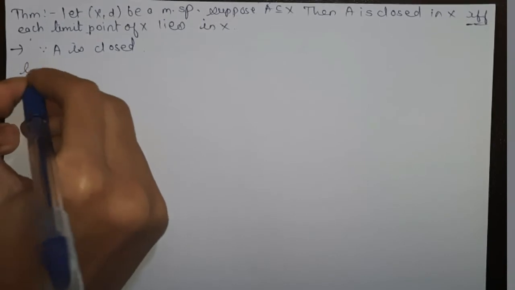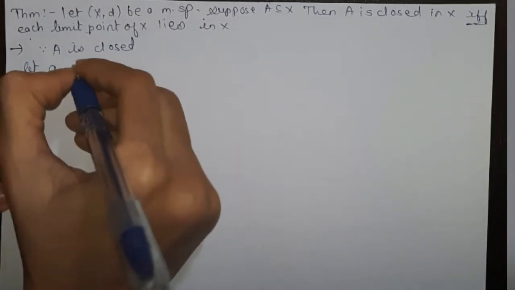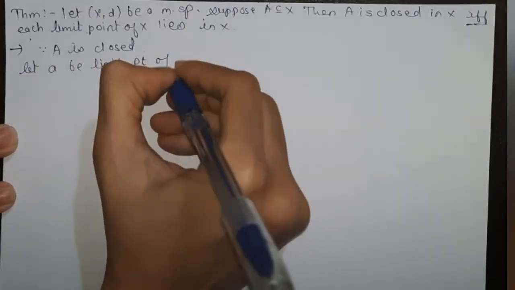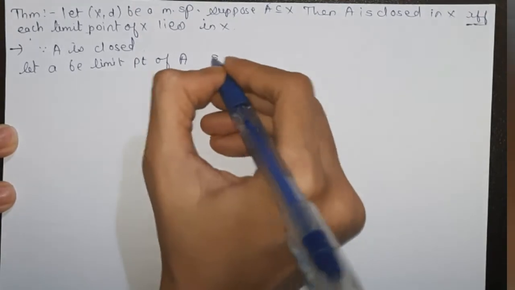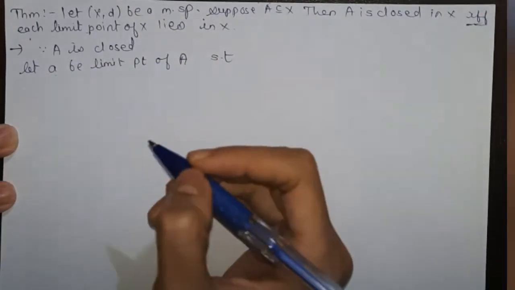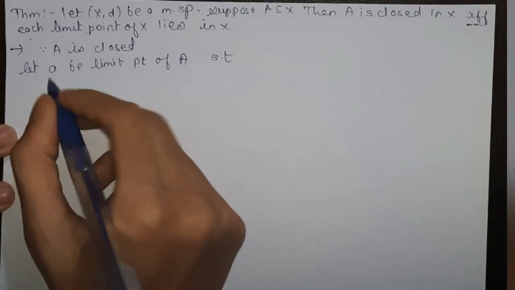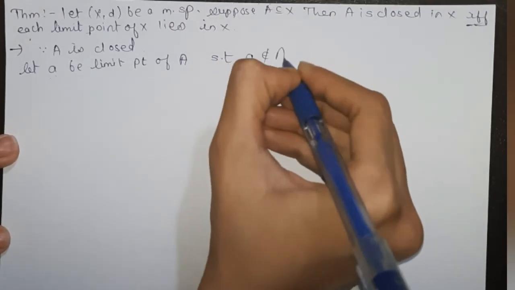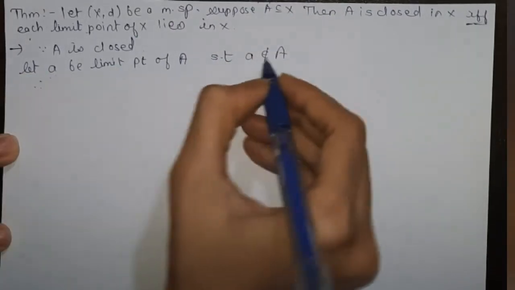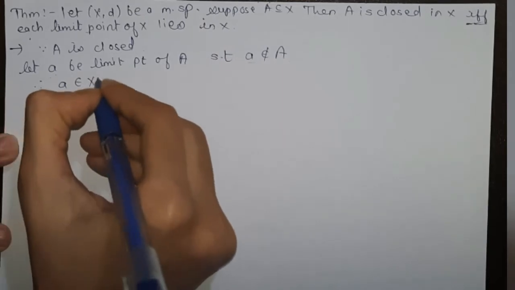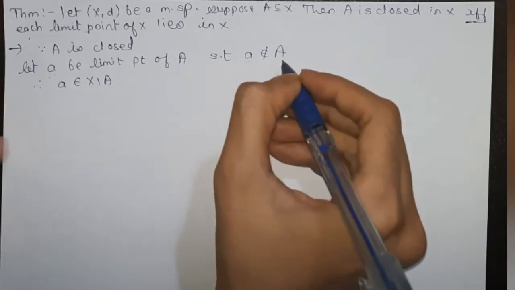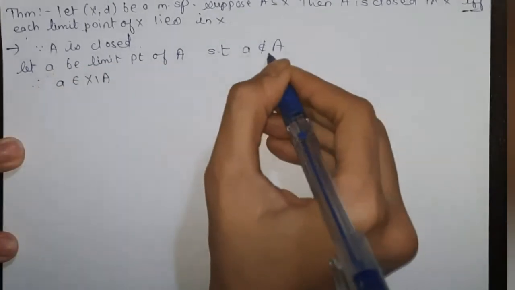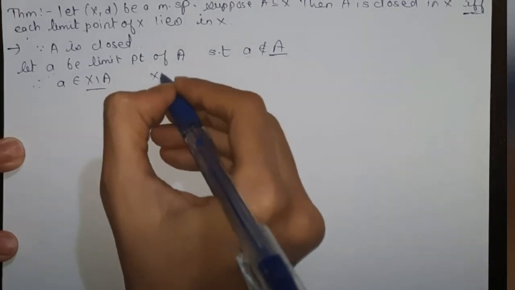So we take one limit point a of A such that this a does not belong to A. Then we can write a belongs to X minus A, that is, a belongs to the complement of A, where A is closed, which means X minus A is open.